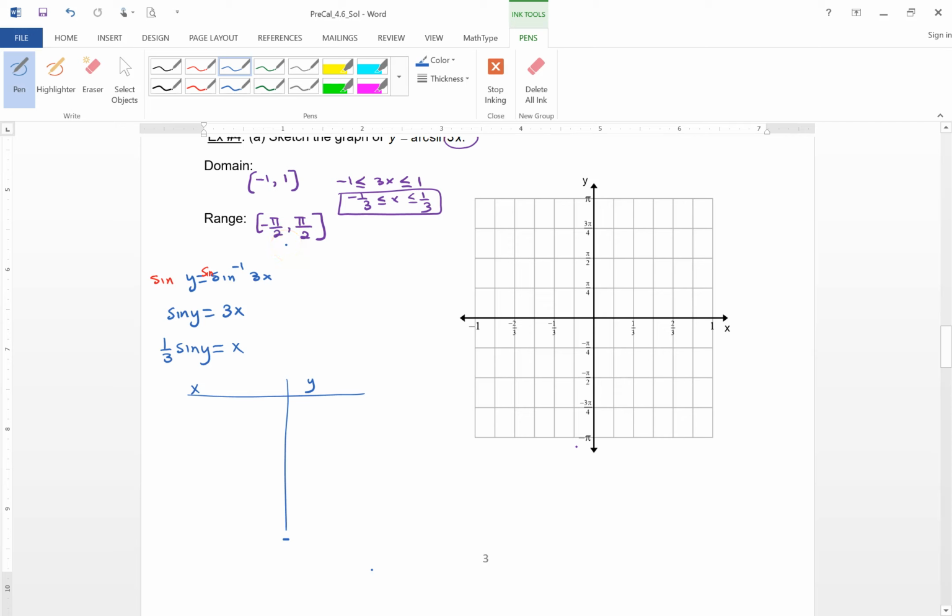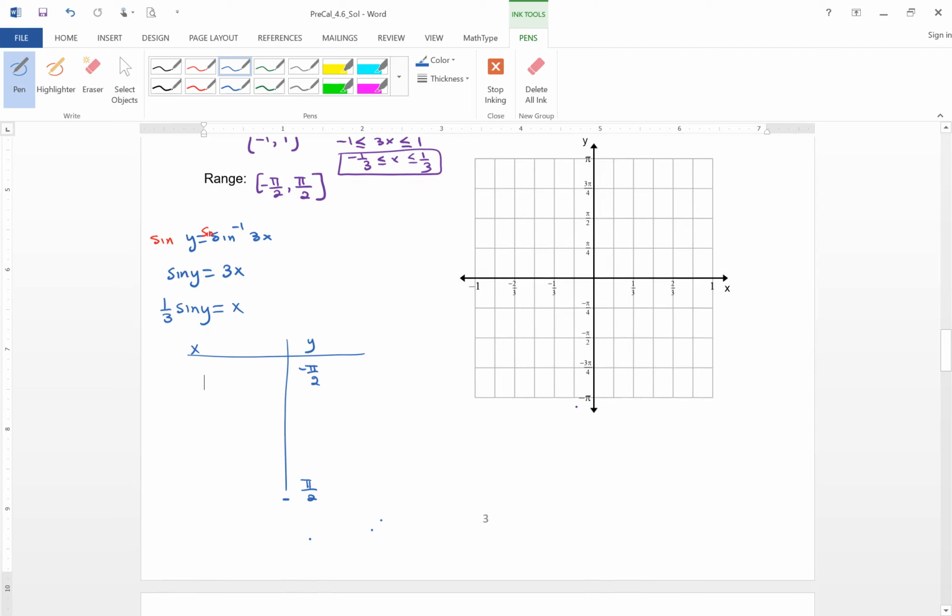So we're going to go from negative pi over 2 to pi over 2. What's the halfway point between negative and positive pi over 2? 0. Are you like 3 steps ahead of me? It seems like. All right, so what's the halfway point here? Pi over 4 and negative pi over 4.